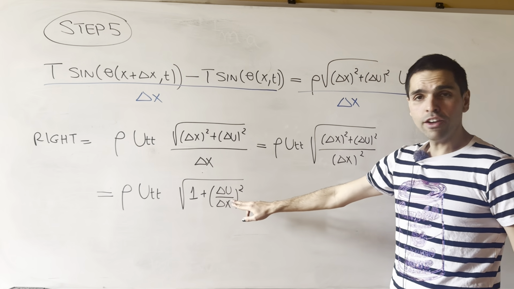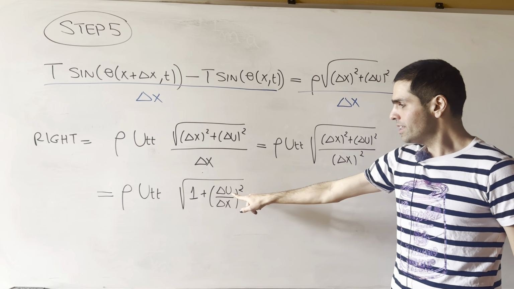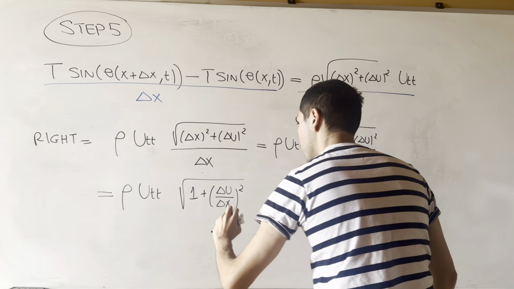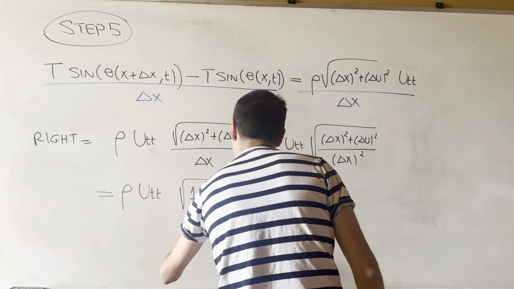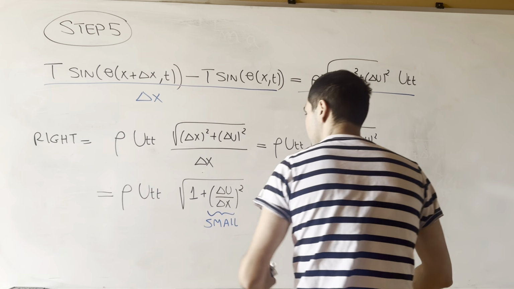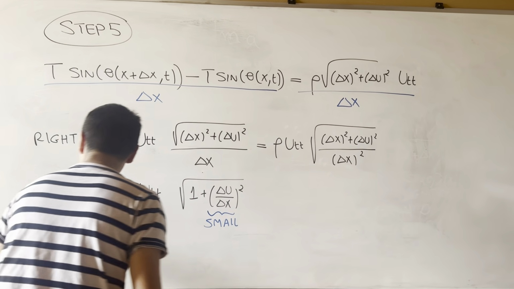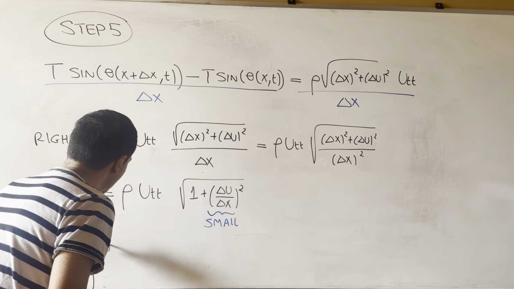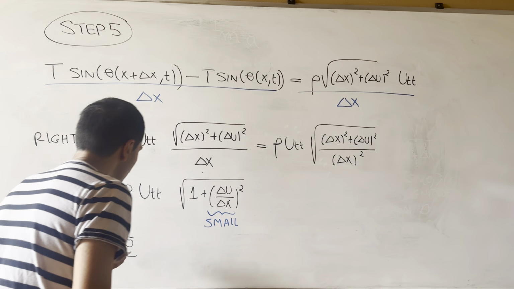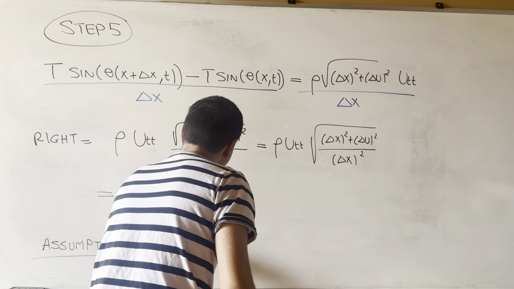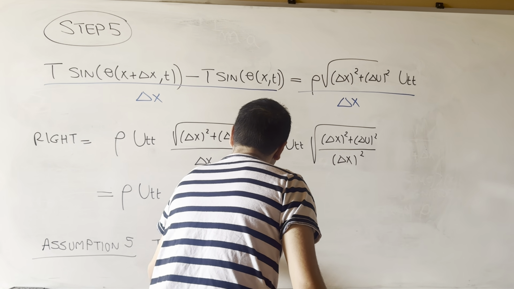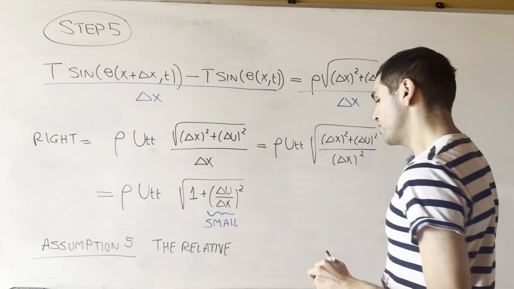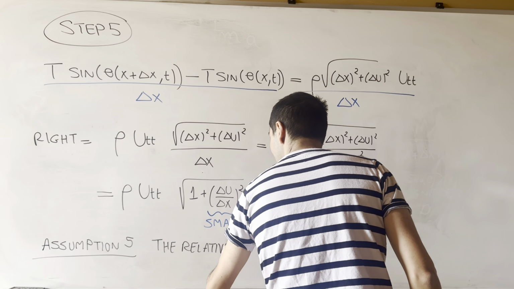And now we are ready for our last assumption. So in this case, we will assume that this is small. So assumption 5. This is what's called the relative displacement. The way the string moves up versus horizontally is small.